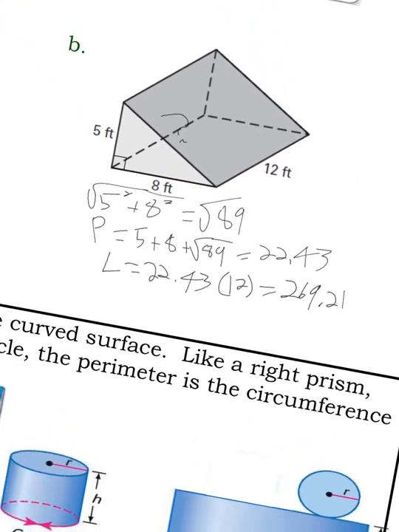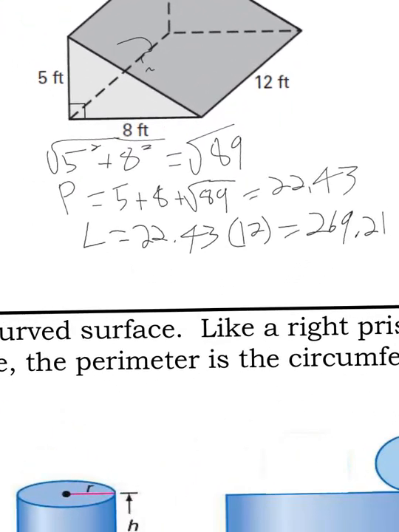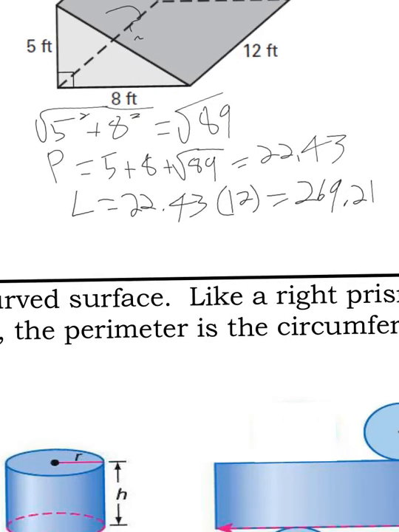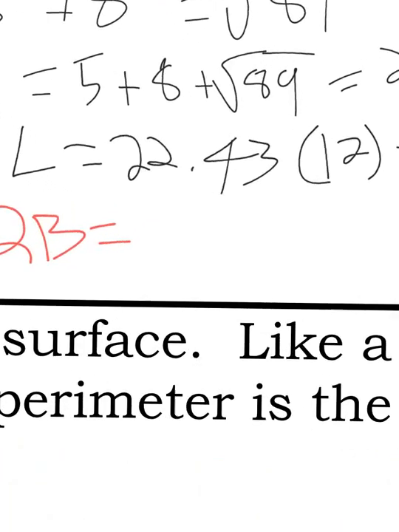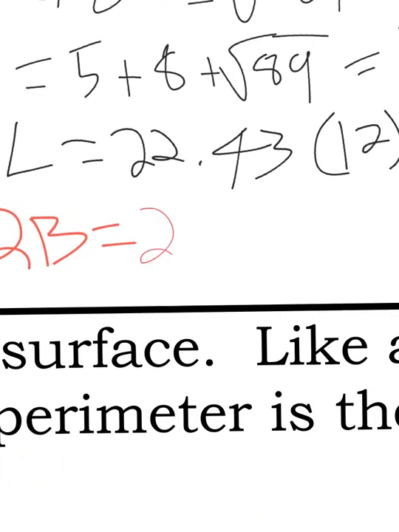So now I need to do 2 times the area of the base. So let's see here. 2b is going to equal, well, the base is a triangle. So 5 times 8. So I have 2 times 5 times 8 over 2. So that's 40 over 2, which is 20. 20 times 2 is 40.